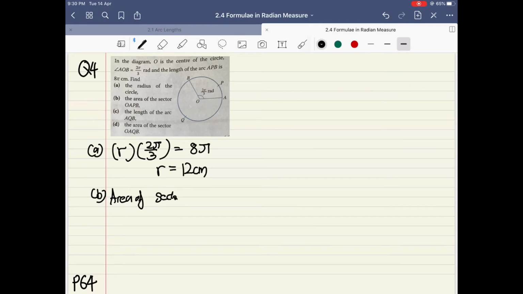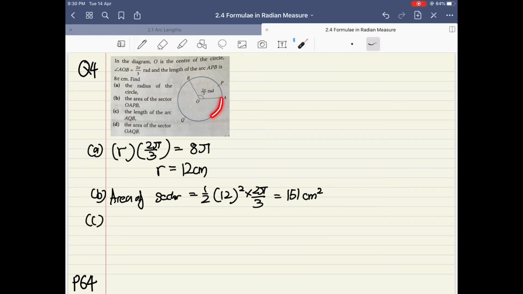Next they want the area of sector OAPB. So the area of sector OAPB is equal to half r square, which is 12 square, times theta 2 pi over 3. If you use your calculator to work it out, it is 151 cm square, correct to 3 significant figures.